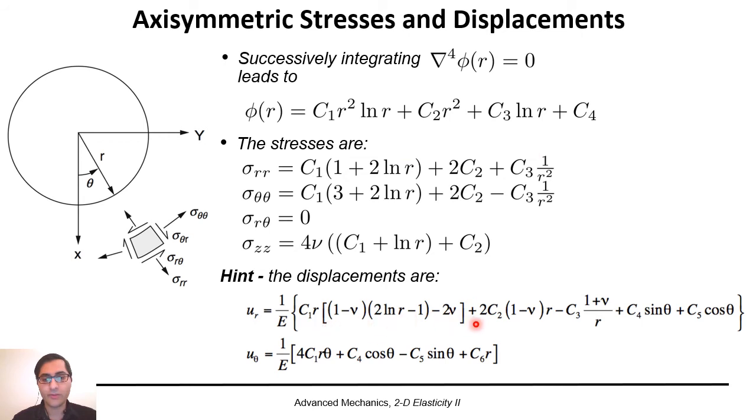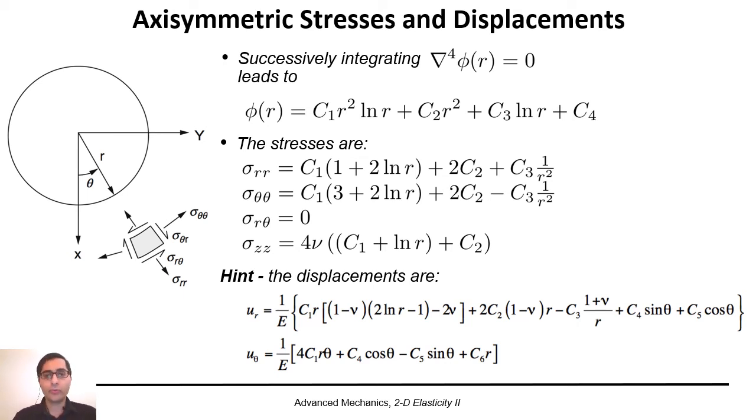You see C1, C2, C3, and C4 here, but we also have C5 and C6, which result from integration to find displacement from strain. But don't worry about the mathematical details. It's not a mathematical class, but we're going to need them to solve a few practical examples.